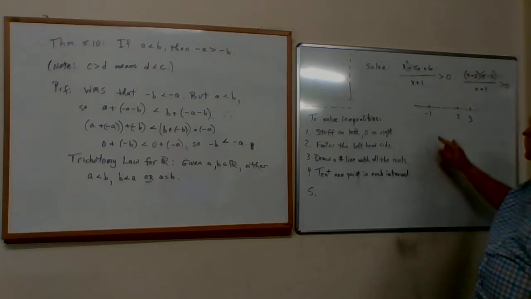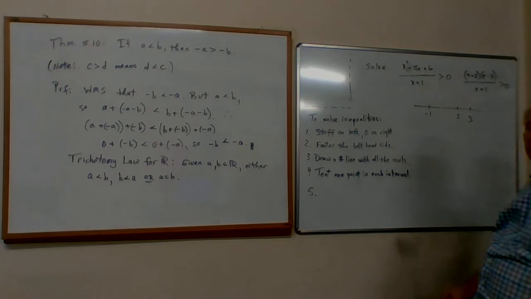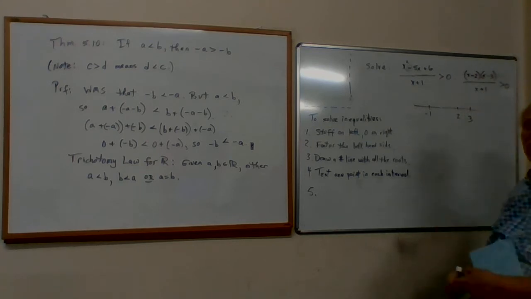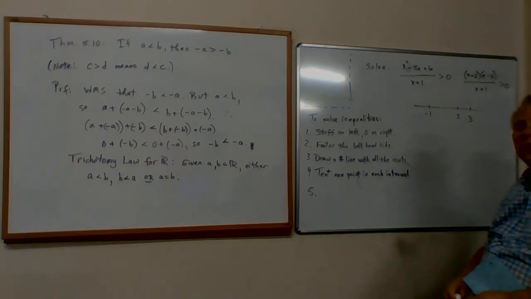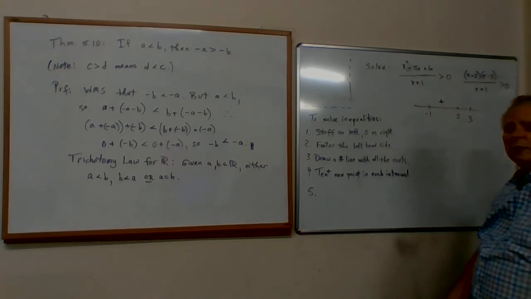Well, let's start with 0. Since none of these points is 0, it lies in this interval. If I plug in 0 for x, then the sign is negative, negative, positive. What is negative, negative, positive? Two negatives and a positive comes out positive. So in here, the thing is positive.